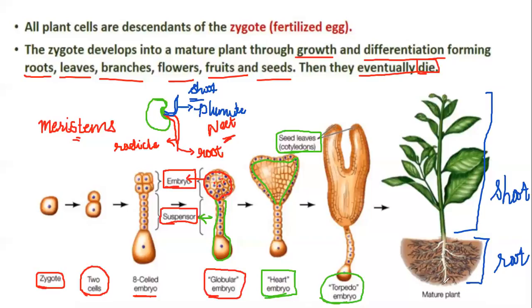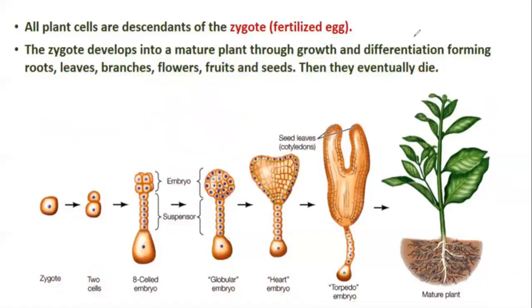There are certain tissues present at the tip of the root and at the tip of the shoot, which bring about the lifelong growth of plants. Those present at the tip of the shoot are called the shoot apical meristem, and those present at the tip of the root are called the root apical meristem. Is it clear? So let's move on to the next one.